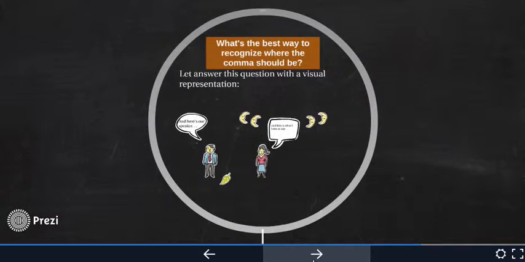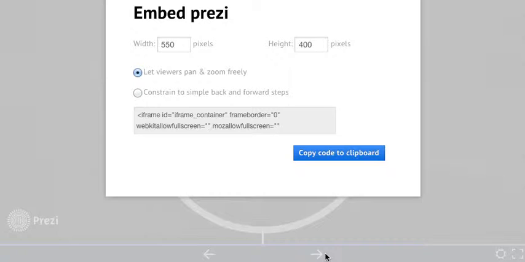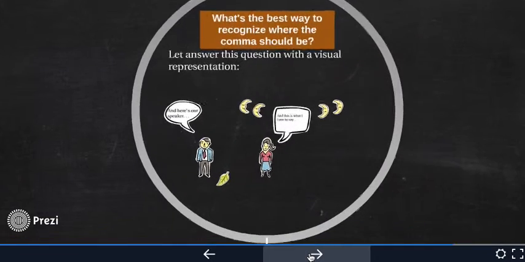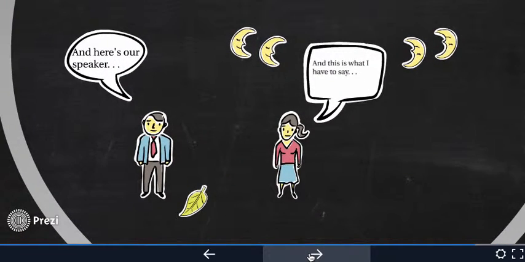So, what's the best way to sort of recognize where a comma should be in a sentence? Well, consider this visual representation. Here we have Introductory Ian, who is introducing the speaker, and he represents the first introductory clause.